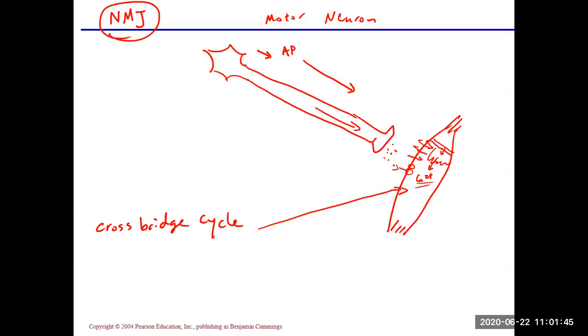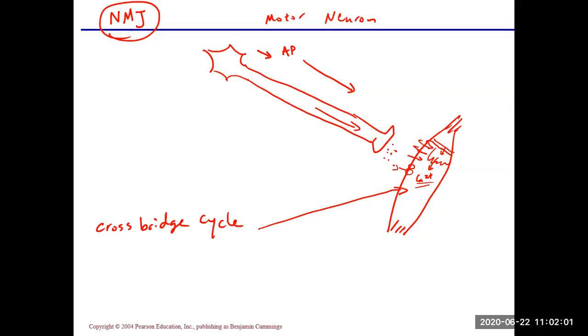Anyways, it's basically about muscle contracting and relaxing. That's what it's all about. We're going to concentrate on these steps and all the events that are taking place right here after the calcium is released.